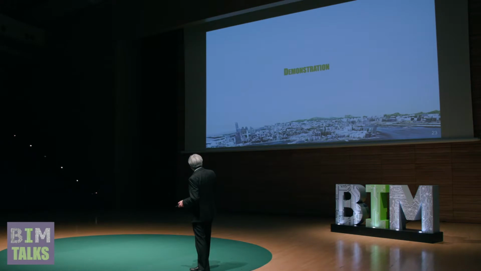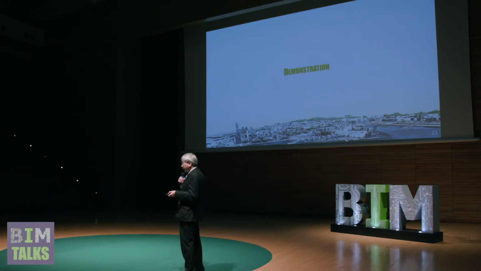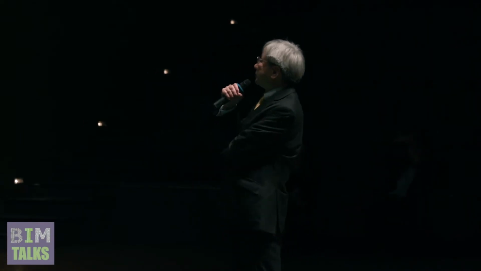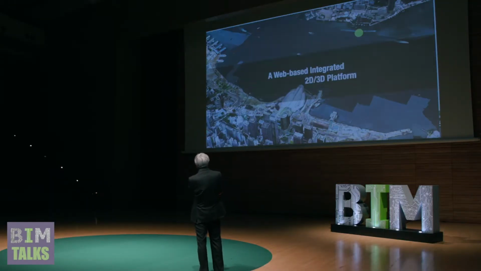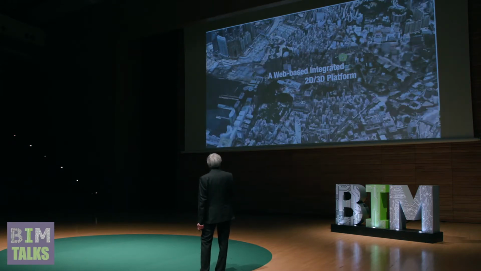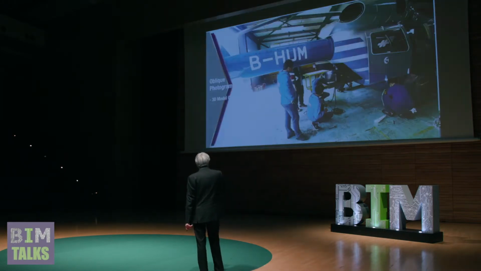So we have the data, we have analysis and visualization. Let me go through it. This is the system: 3D photo mesh for Hong Kong, Kowloon, and also the New Territories. A web-based integrated 3D platform. So every building is 3D.